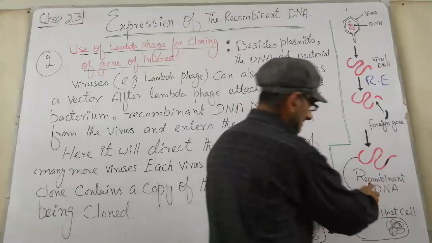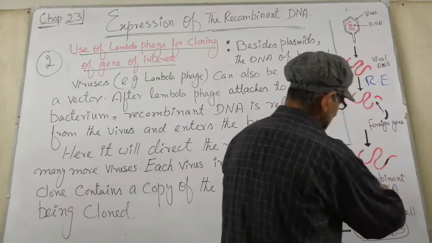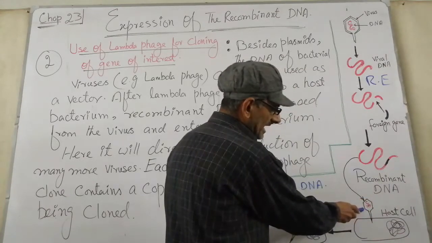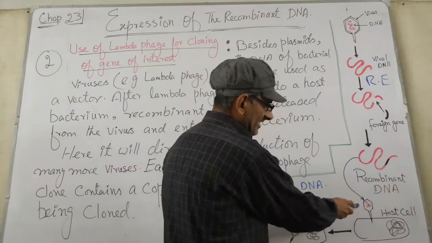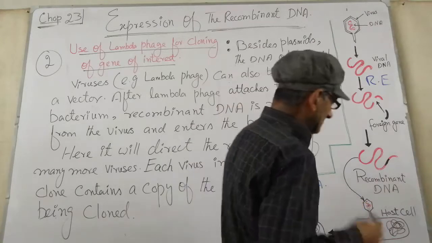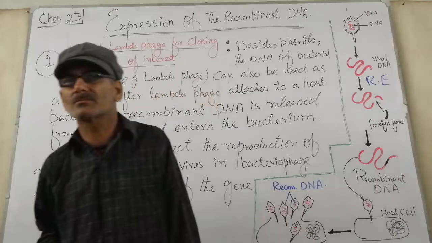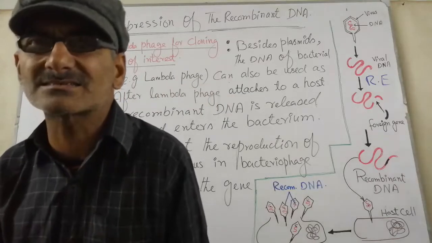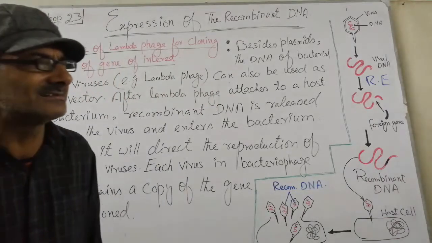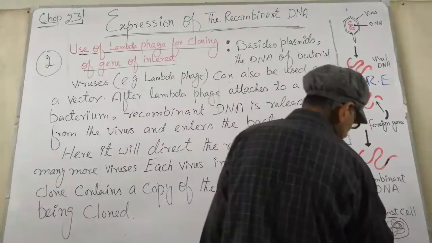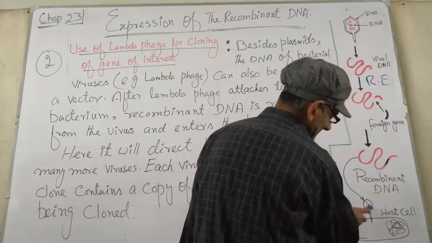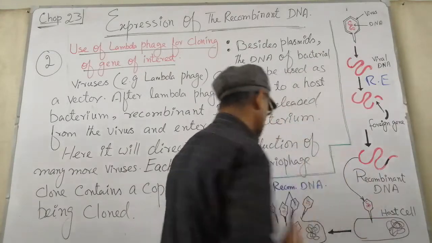And so this recombinant DNA is inserted into the lambda phage virus, and when this lambda phage virus, in which this gene of interest is present, attacks its host cell, it will inject its DNA into the cell.